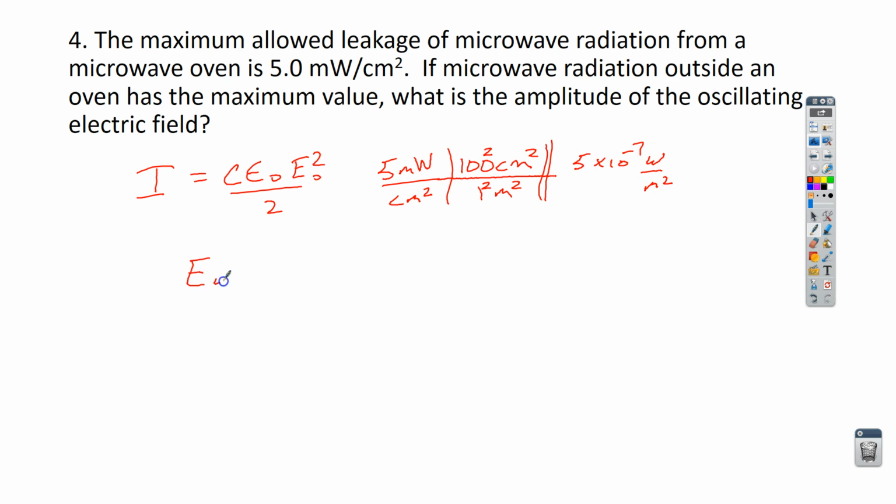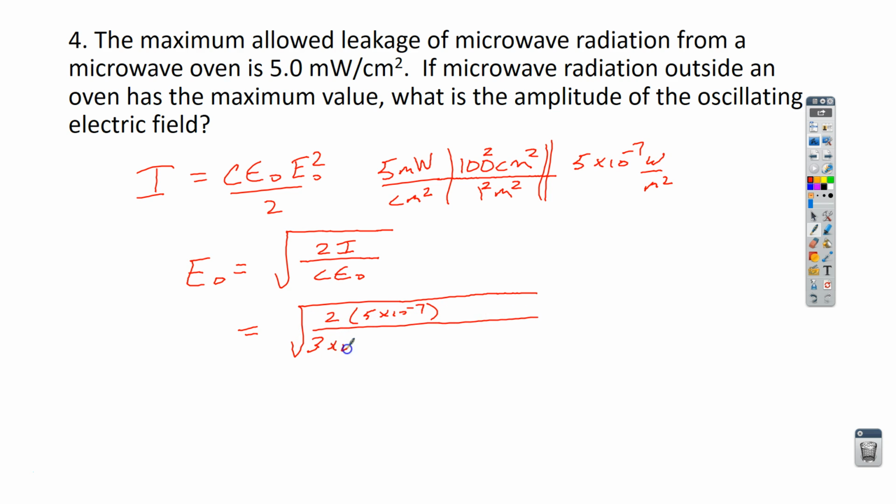So we want to solve for the electric field. That's equal to the square root of 2 times I all over c times epsilon naught. So this is going to be equal to the square root, I always have to do this long, of 2 times 5 times 10 to the negative 7th, divided by the speed of light, which is 3 times 10 to the 8th, times our constant, which is 8.85 times 10 to the negative 12th.